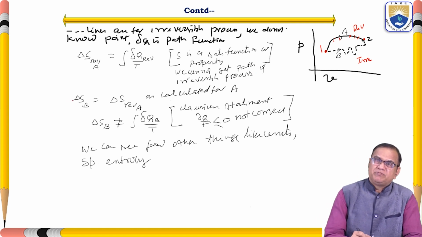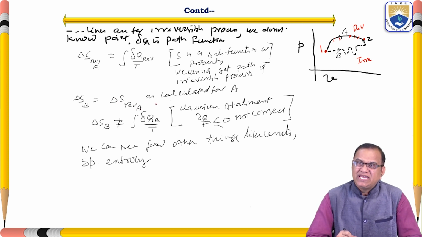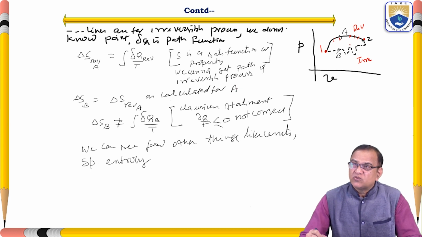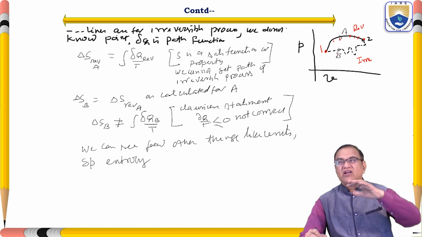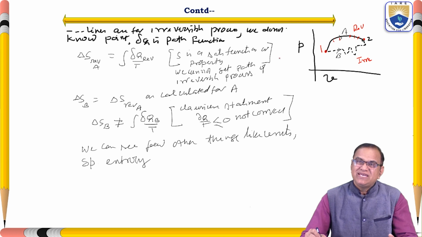So if you see the path B, this delta S is equal to delta S reversible A as calculated for A. So if you know this 1 and 2 by the reversible process, if any process is going irreversible also, the S1 and S2 will be same.